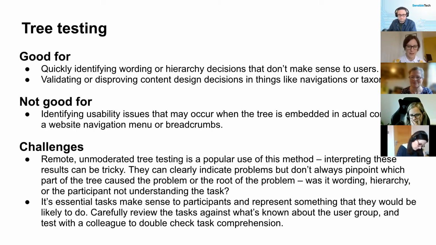You could get people not finding the label they would give it, and then choosing the best of two options available, when actually neither may make sense when they're looking for it. Were there any questions around that, Dave?